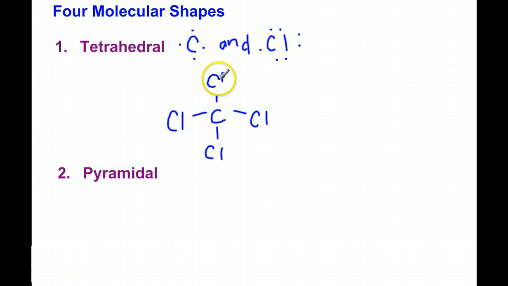So what happens is each of these chlorines spread out equally surrounding this carbon atom, and what we end up with is an angle between each of these bonds of 109.5 degrees, and that's equally spaced, each of them, because they're going to spread out equally.